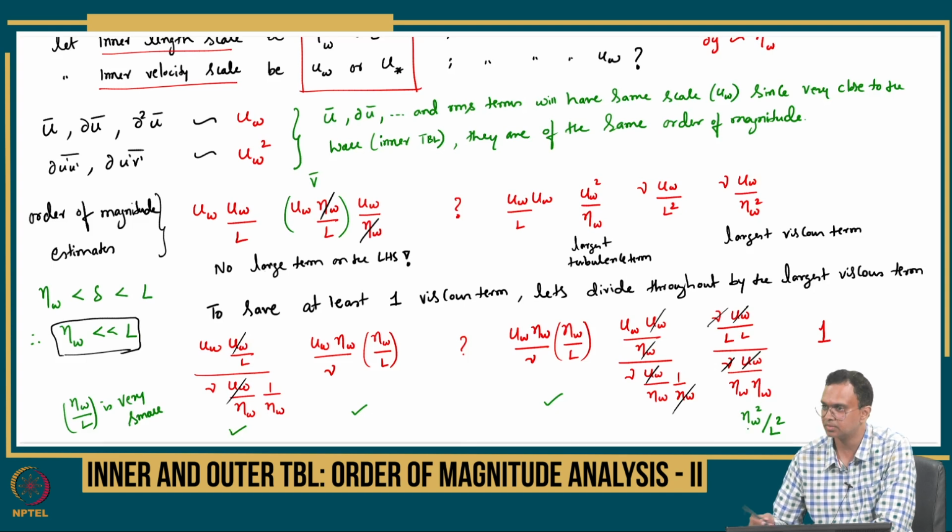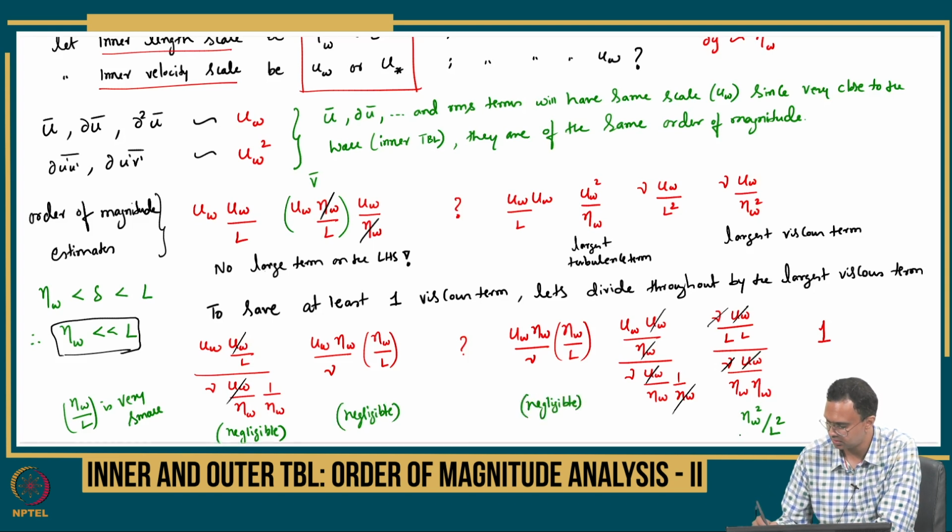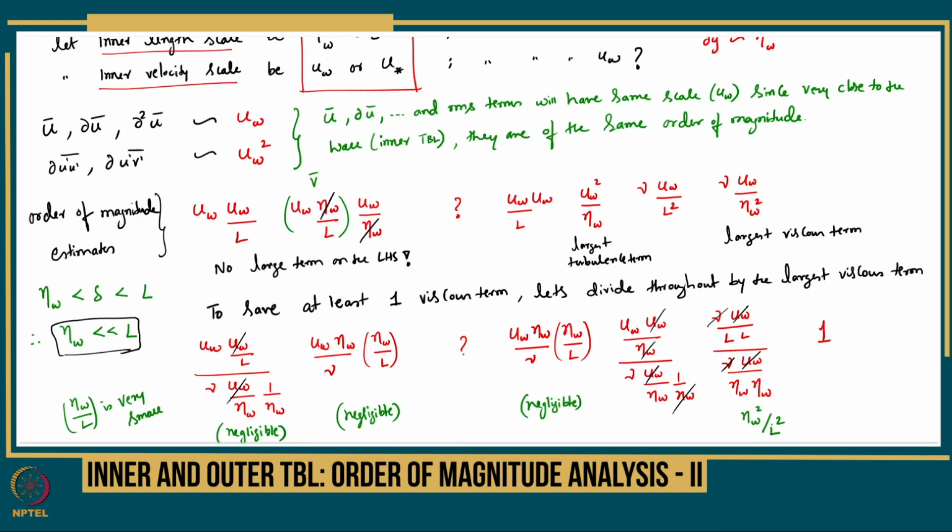So I can say all these terms are of second order importance, or you can say negligible here. This is negligible, it's also a negligible term. This and the eta w by L whole square term also are negligible here.